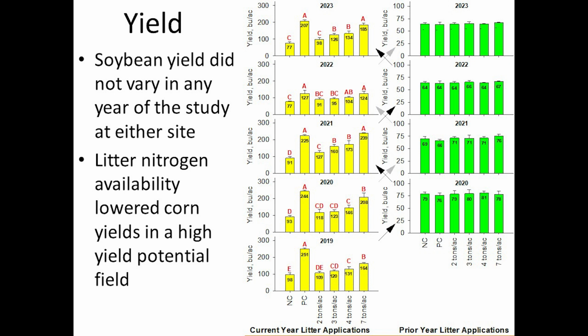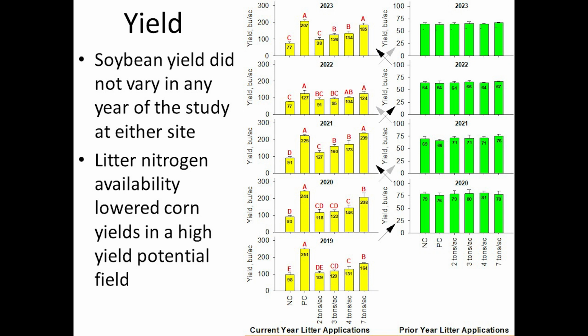Then we went back to corn in 21, back to soybeans in 22, back to corn in 23. And then the corn plot that we started in 2020 went to soybeans in 21, corn in 22, and was back into soybeans this year. So every year we have an independent test that involves both corn and soybeans as of 2020.